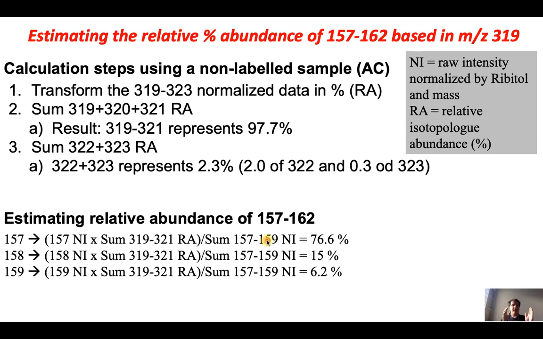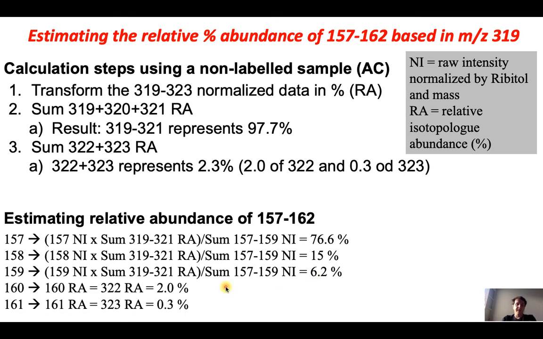So we are estimating the percentage of relative abundance in the M0, M1, and M2 of 157. What we got was 76.6% for M0, 15% of M1, and 6.2% of M2.